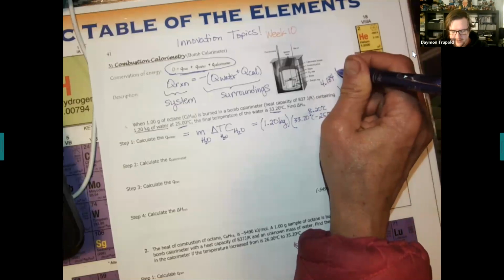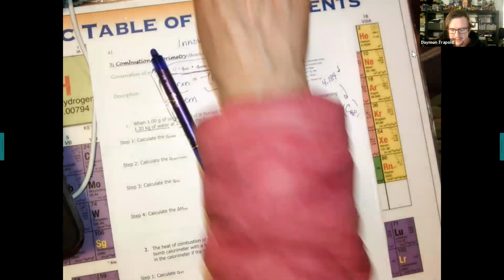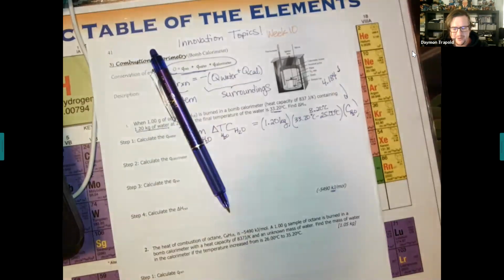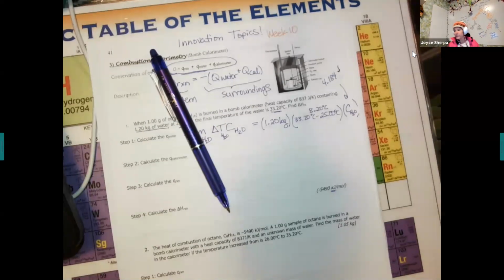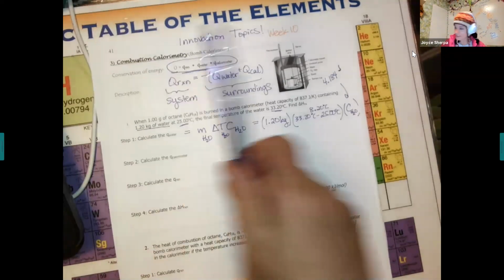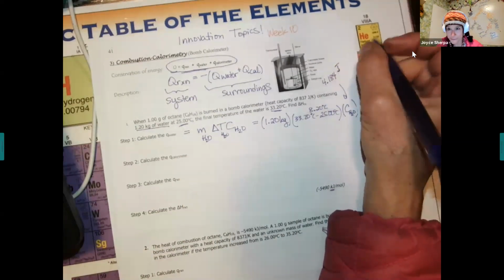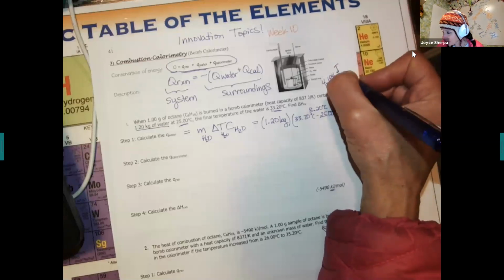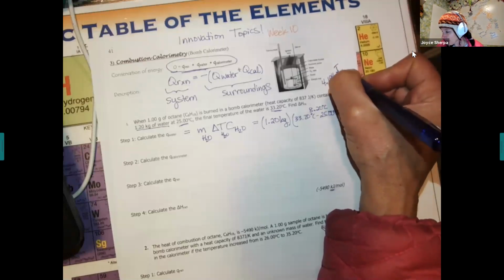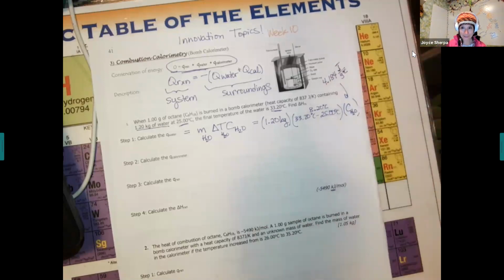The units are joules per gram degree Celsius. Yes, joules. So 4.184 joules of heat are absorbed by 1 gram of water for every 1 degree temperature change. That's what the specific heat means.